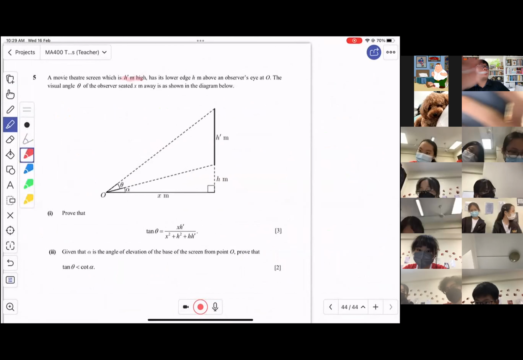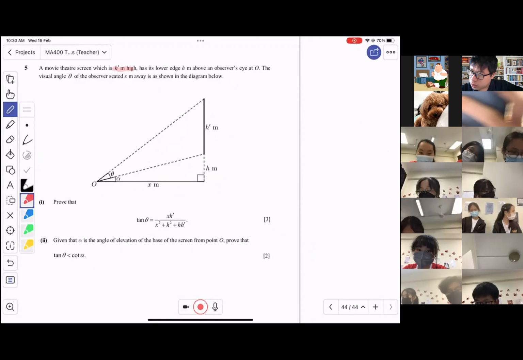H is 5 meters high. Okay, so I start from part 1.